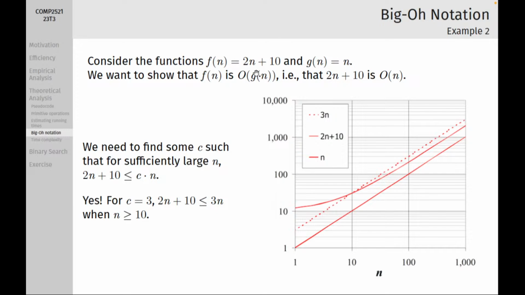But just imagine that 2n plus 10 is the number of primitive operations that are performed by your program. That means that your program is big O of n, or your algorithm is big O of n. So your algorithm is linear.